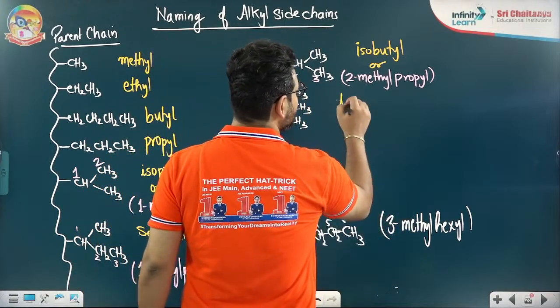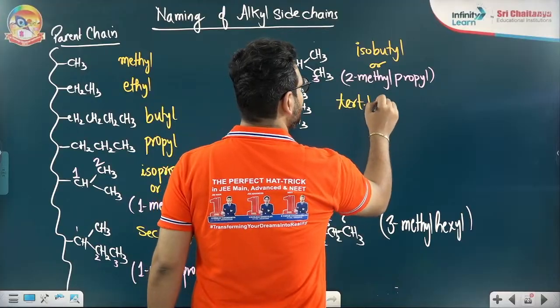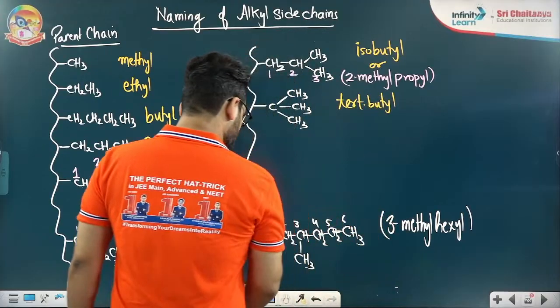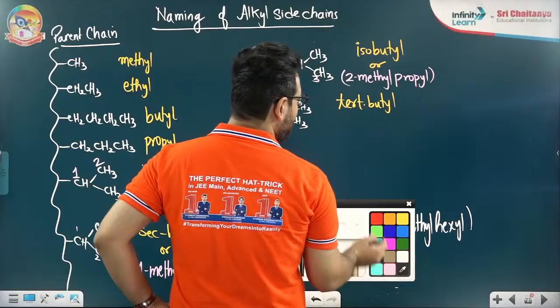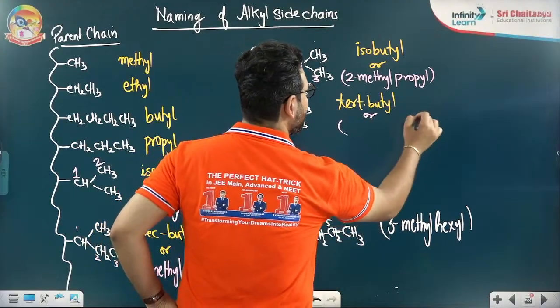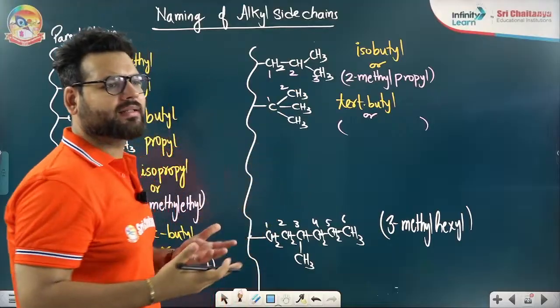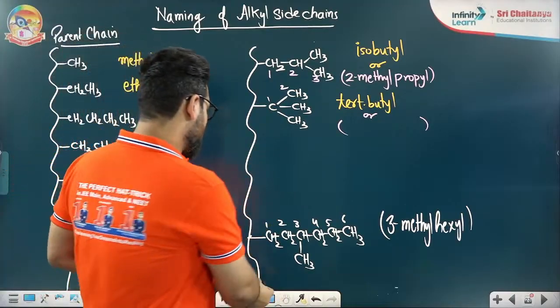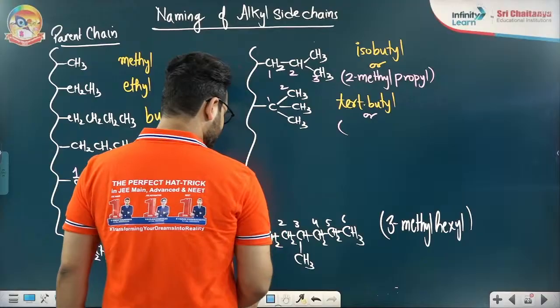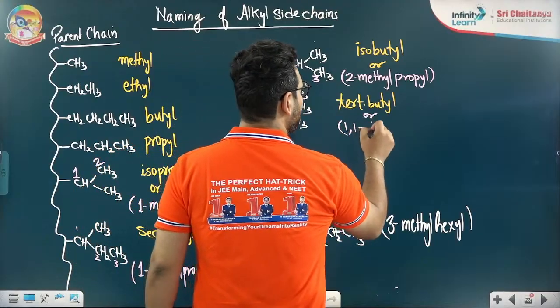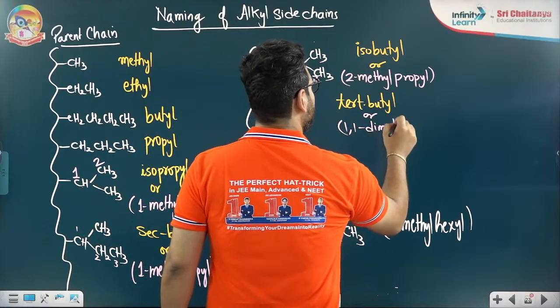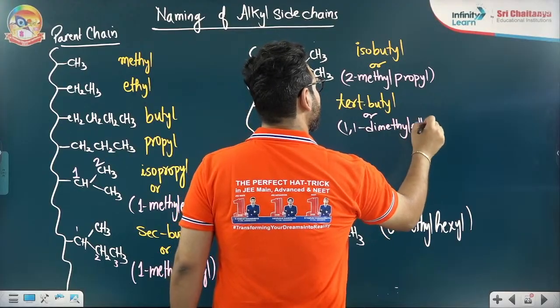So the name of this butyl is tert butyl. Or I hope all of you are able to tell me the other name as well. It's an ethyl, a dimethyl ethyl: 1,1-dimethyl ethyl.